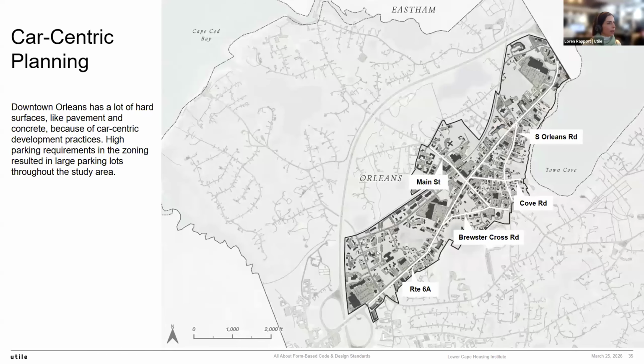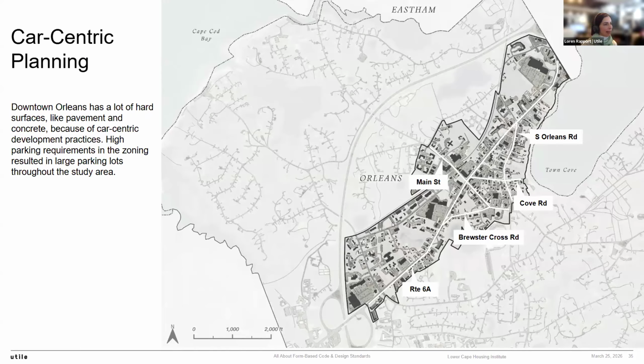And so in looking at Orleans, we started with this concept of trying to understand what is really shaping the experience of downtown today. We know it's an auto-centric corridor. We created this map that isolated the amount of parking, pavement, and asphalt, really just to drive home how much Orleans is reliant on the car as far as its patterns of development.